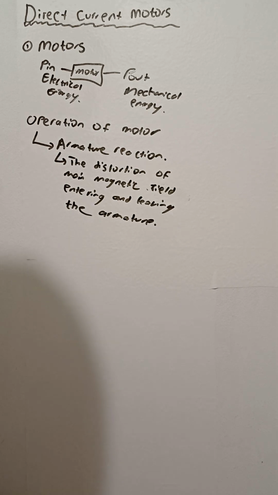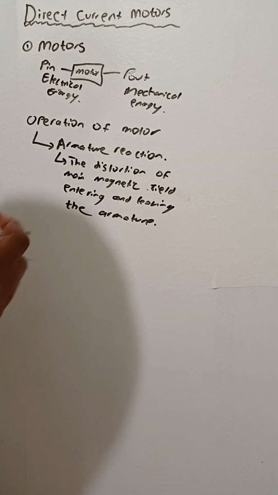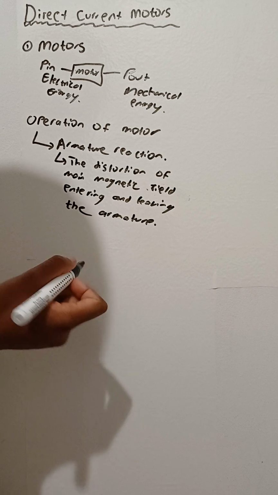So the operation of motor is based on armature reaction, which is the distortion of the main magnetic field entering and leaving the armature.